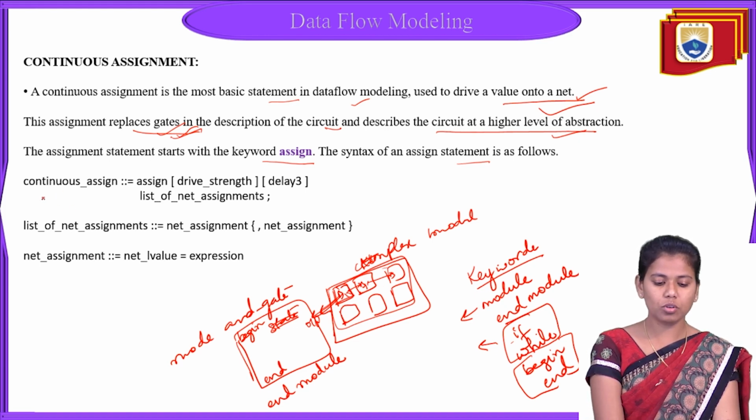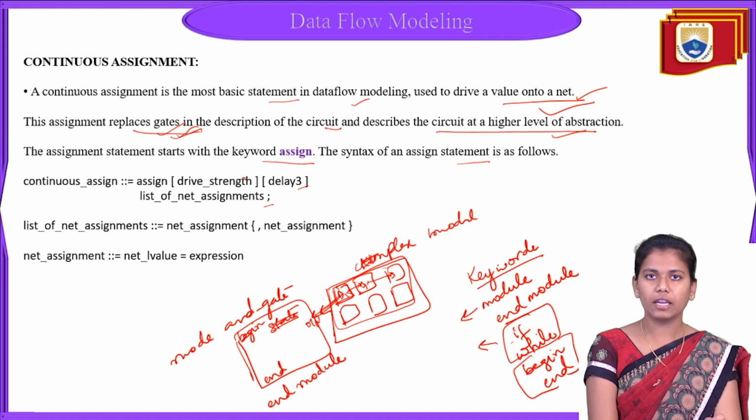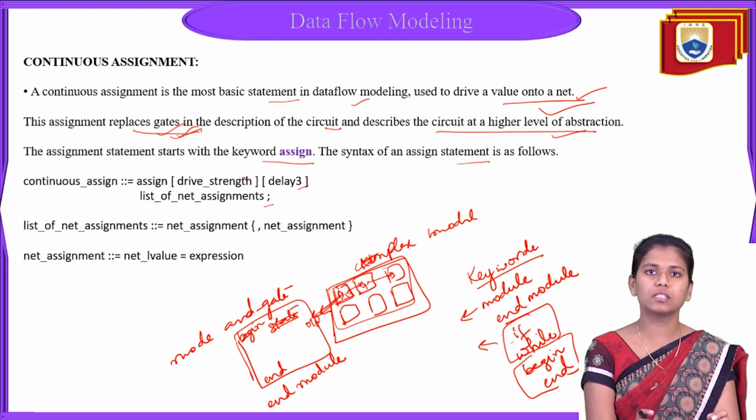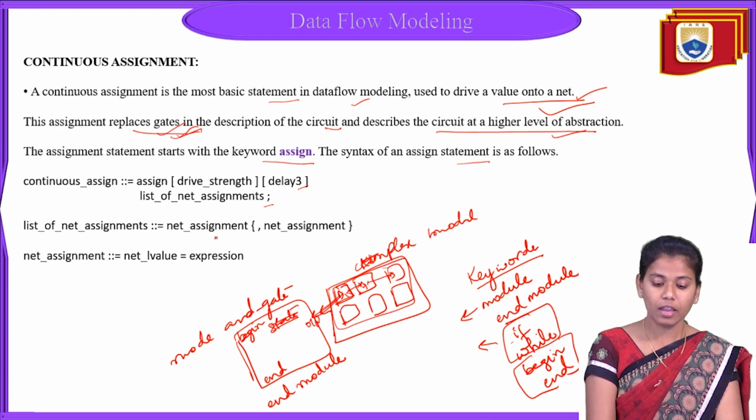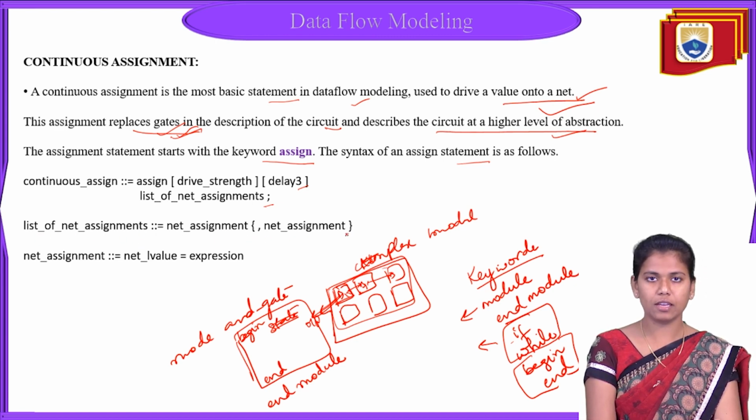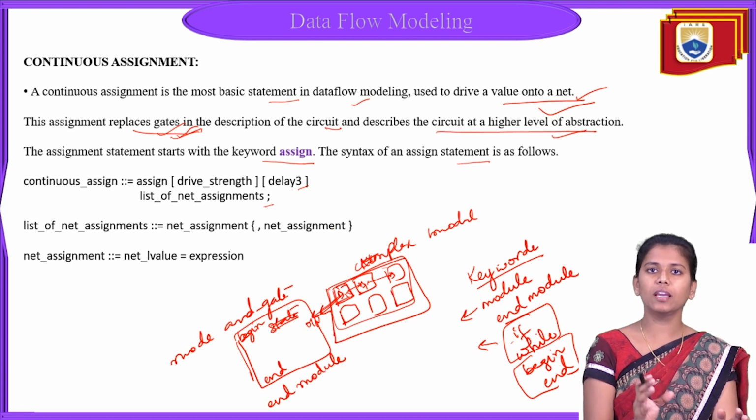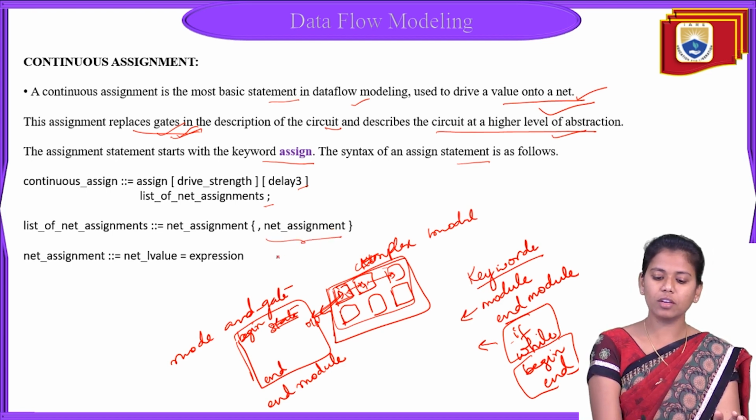So the syntax goes here: continuous underscore assign. We are assigning some drive strength with a delay of 3. Next, coming to the list of net assignments. Here we have a few assignments in the form of a list. The list of net assignments is nothing but the net underscore assignments, and individually we have to segregate them.